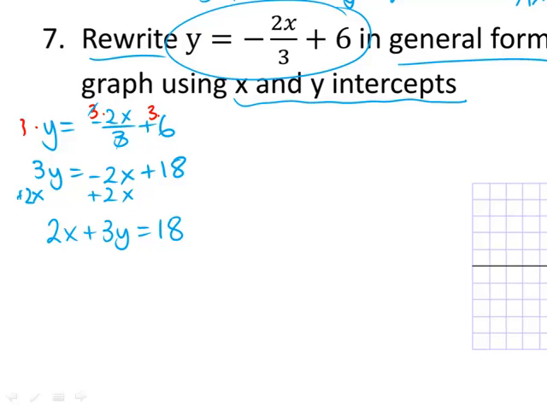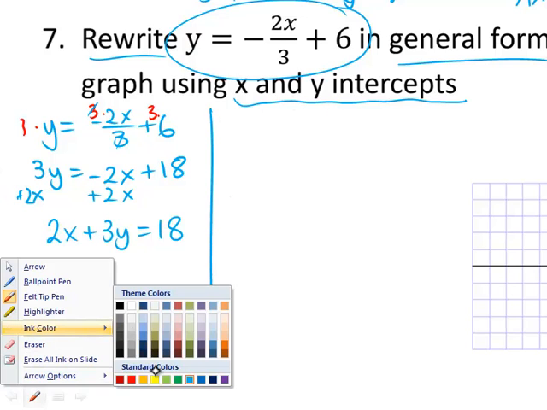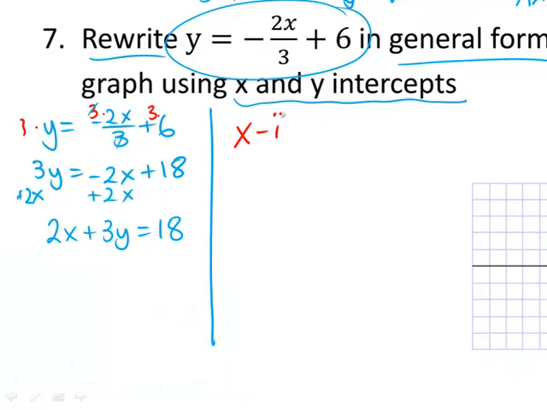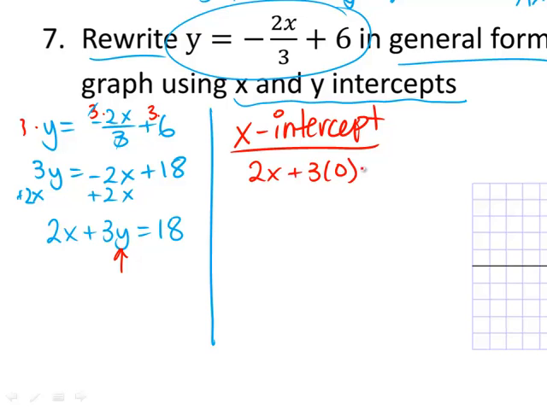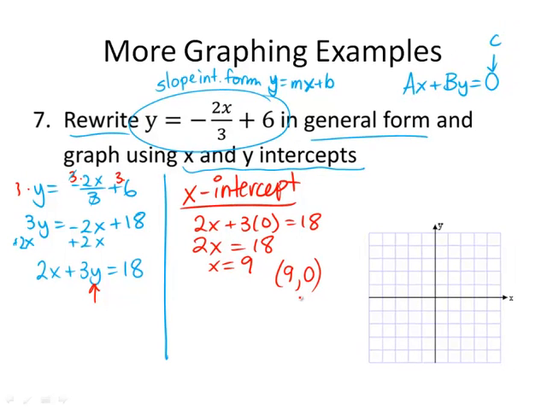So let's figure out our x and y intercepts. The x-intercept is found when you let y be 0. So let's try that. 2x plus 3 times 0 equals 18. So 2x equals 18, giving us x equals 9. Therefore, when x is 9, y is 0. That is one pair. Let's find our y-intercept.